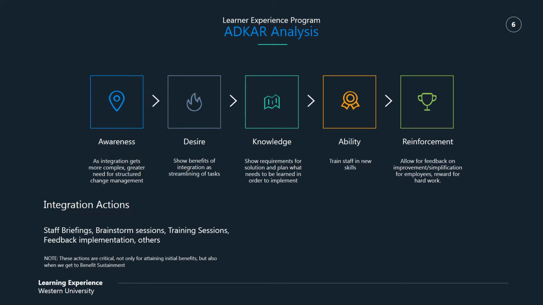We need to make sure that the system is moving smoothly. And how we do this is by integrating actions such as staff briefings, brainstorm sessions, training sessions, feedback implementation, other activities that we will have to include in our program plan in order for our ADKAR to be successful.